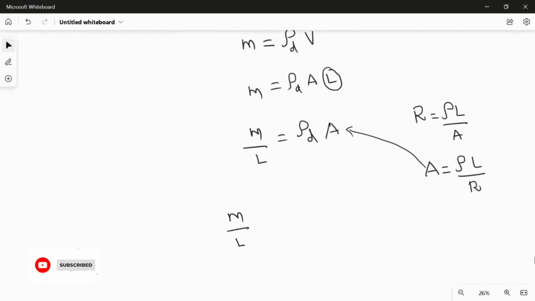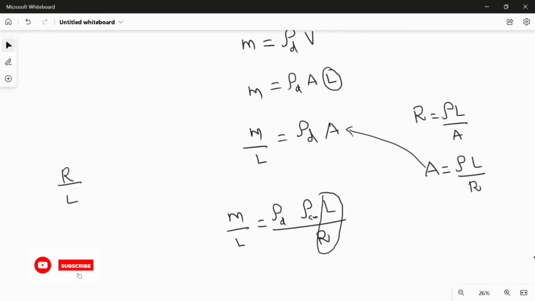Mass per unit length is equal to the density of the copper multiply with the resistivity of the copper multiply with the length of the copper cable divided by the resistance. So here we have L over R, right? But in the question we have R over L. That means it's the inverse value, right?